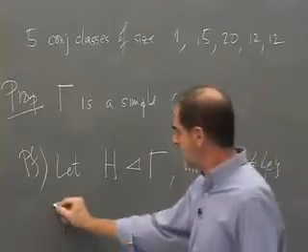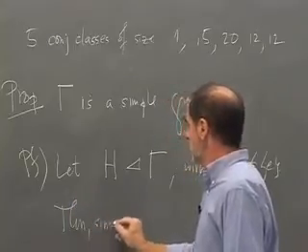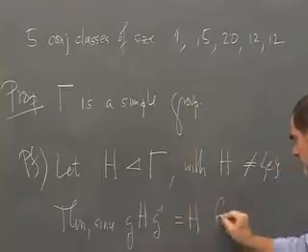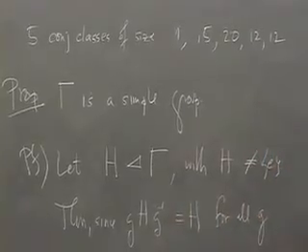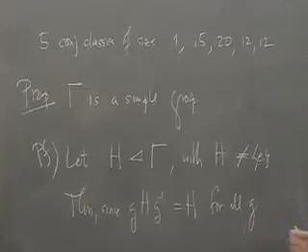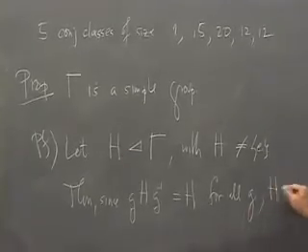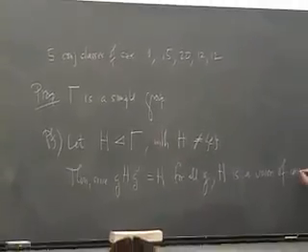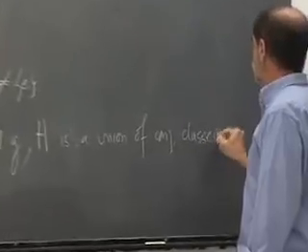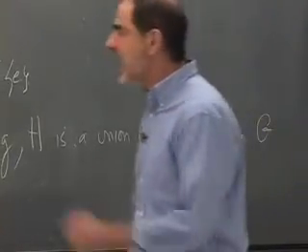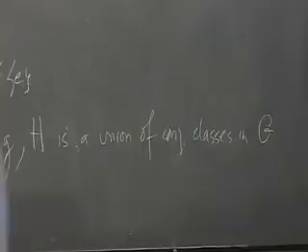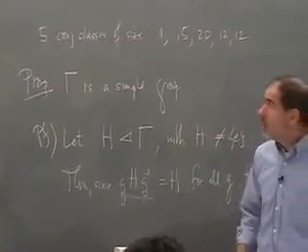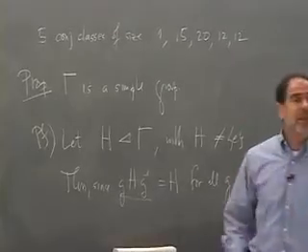Then, I claim, since gHg inverse is equal to H for all g, that's the definition of what a normal subgroup is, H is a union of conjugacy classes in G. If you have one element in H, you have to have all the conjugate elements in H because of this. Agreed?